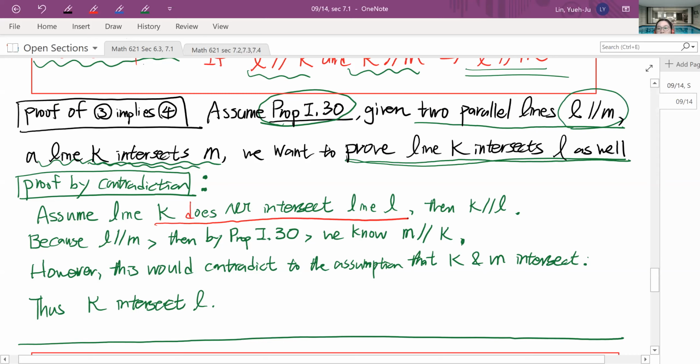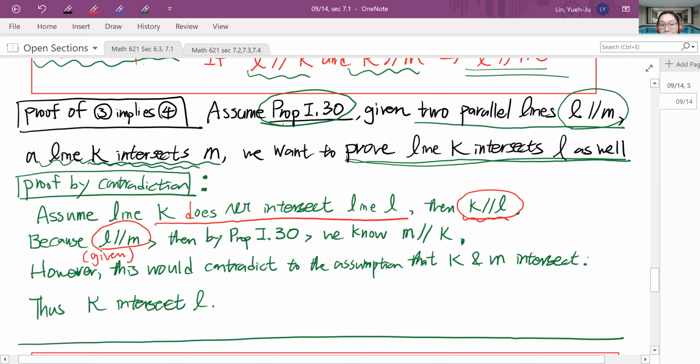So I want to prove K intersects L, but I use proof by contradiction: what if K does not intersect L? Then that means K is parallel to L, and I want to reach a contradiction at some point. We have this assumption here, but we also have L parallel to M. This is given.